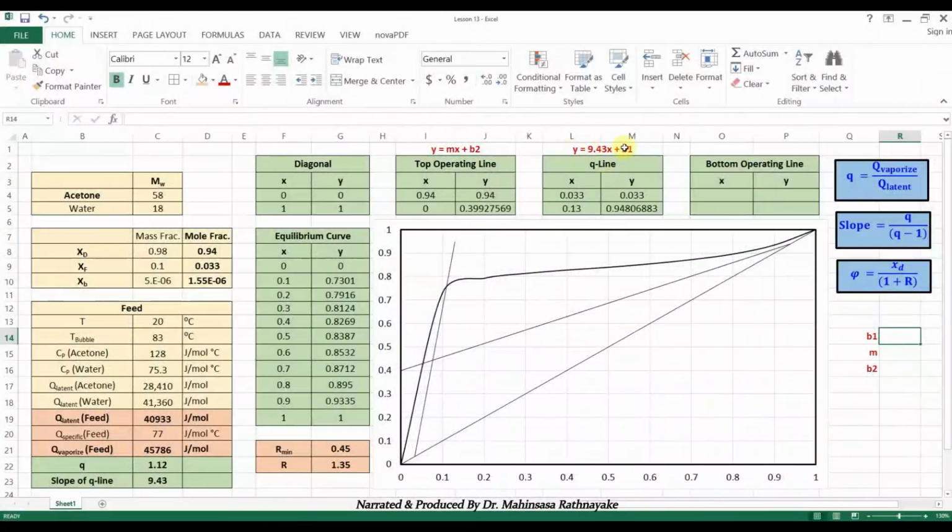For the Q line, we know the slope is 9.43. The B1 value can be found by substituting one of the known points, let's say 0.033, 0.033, that is the feed composition.